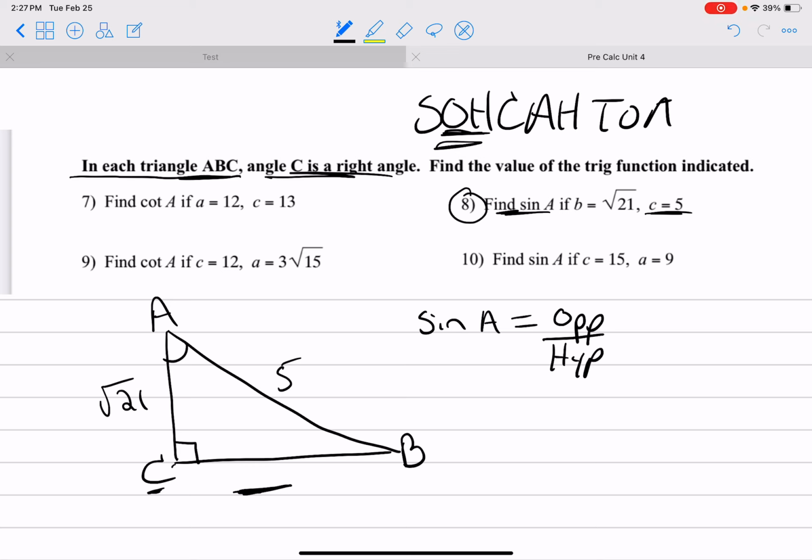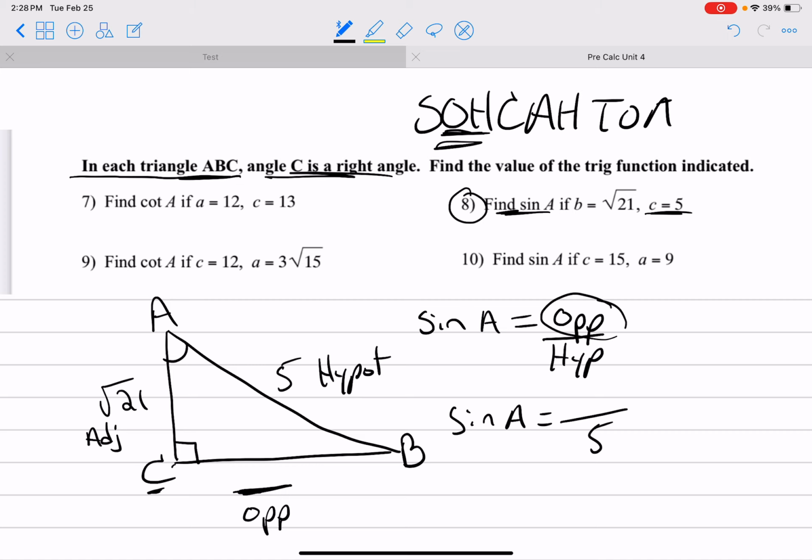Well, do I know the opposite? No. Right? Here's the opposite. Here's the hypotenuse. Here is the adjacent. So far, for sine of A, all I know is that the hypotenuse is 5. But I got to figure out what the opposite is.